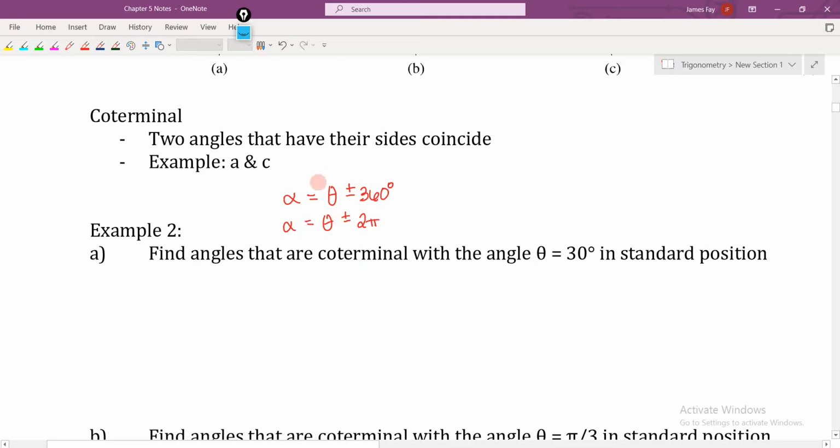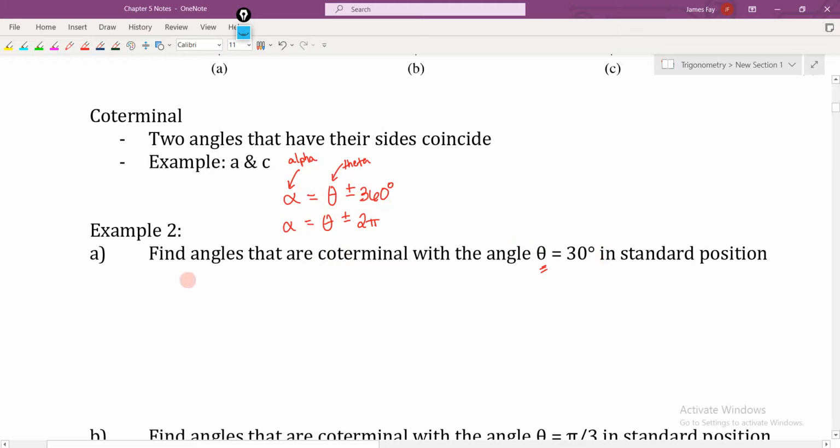Okay, so just some notation here. Theta, that Greek letter, is going to be the angle right now that they're giving us. Alpha is going to be the angle that is coterminal with theta. Okay, so that's just how I'm going to identify these things. I pay attention if I'm in degrees or if I'm in radians.